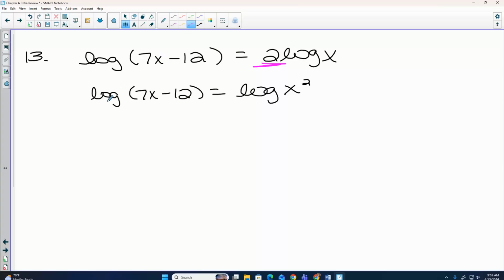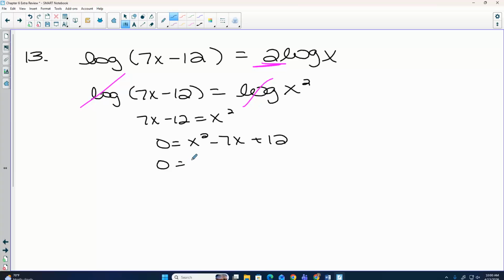What happens if there's a log on each side? Okay, it's a quadratic, so we could set it equal to 0. So subtract the 7x and add the 12. What multiplies to positive 12 and adds to negative 7? Okay. Set those equal to 0 and we get 3 and 4.